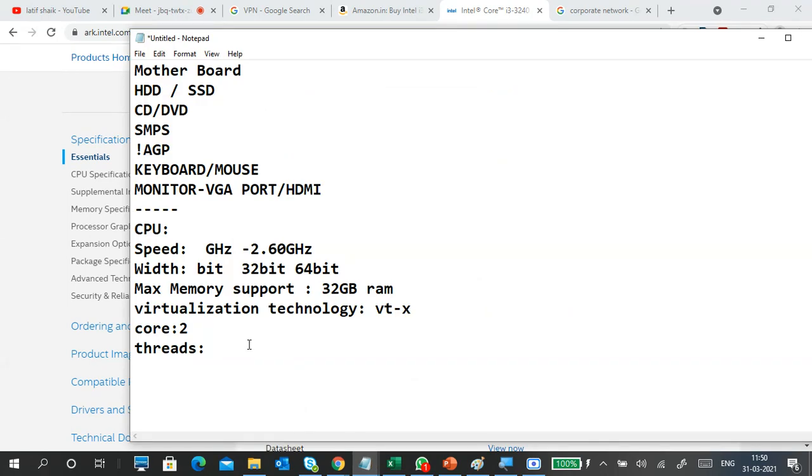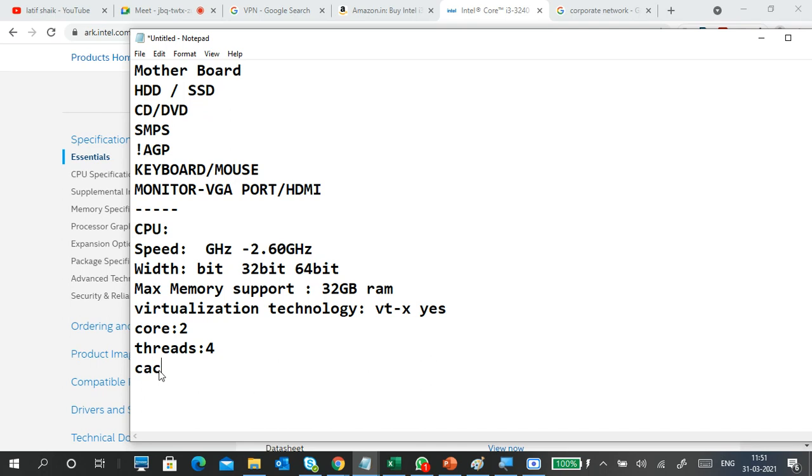Just writing here, this is for example purposes only: how many cores, how many threads. Sometimes there are no threads, sometimes double, sometimes the same: two core two threads, four core four threads, or two core four threads. It is like that.